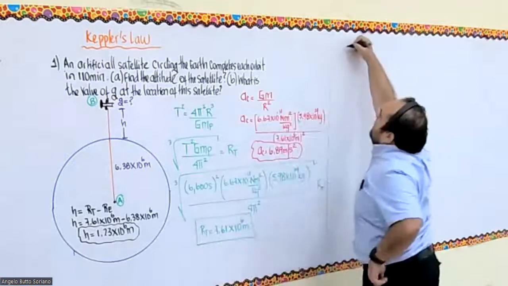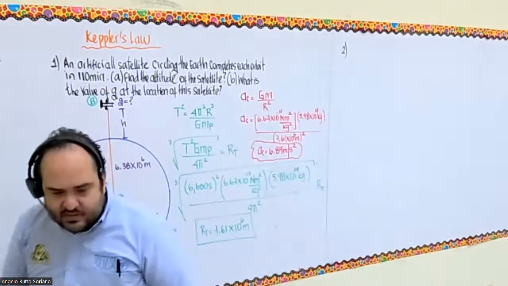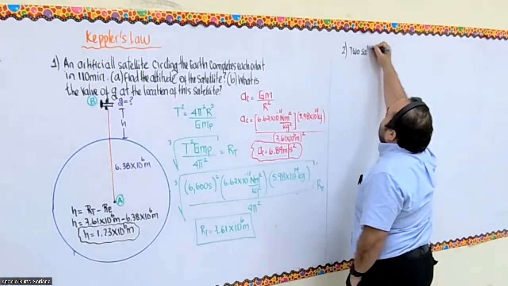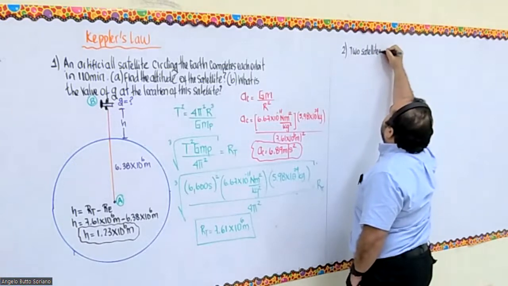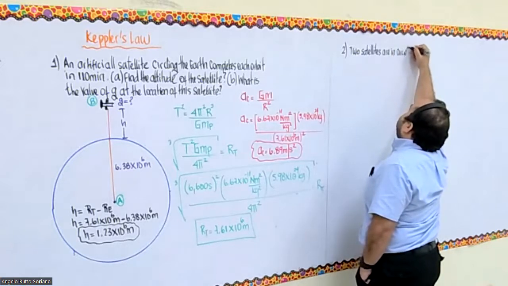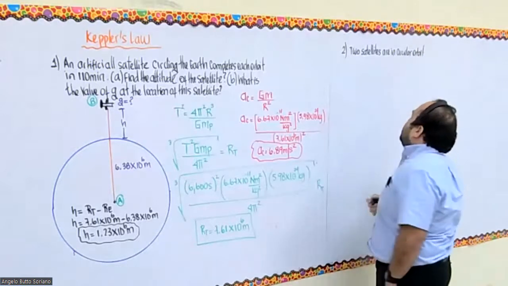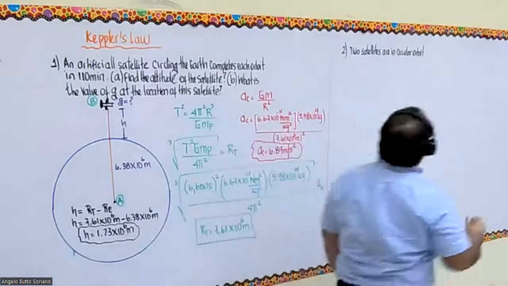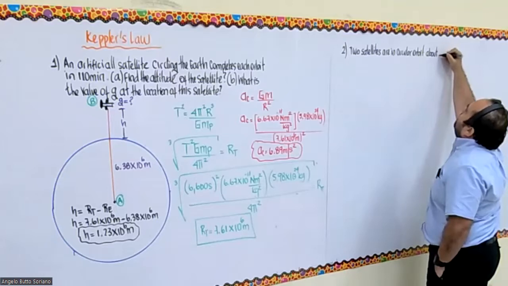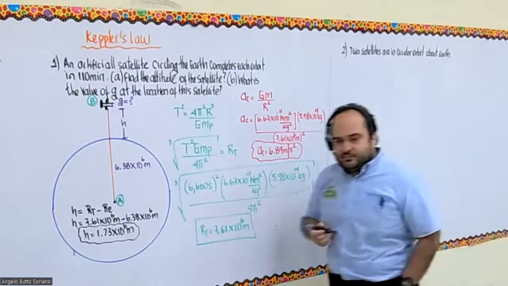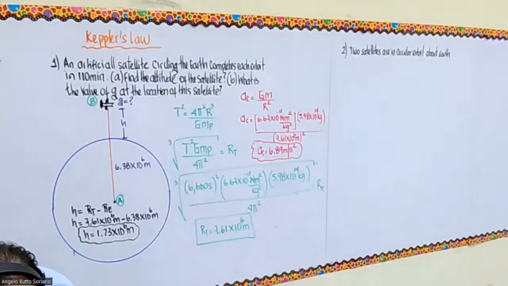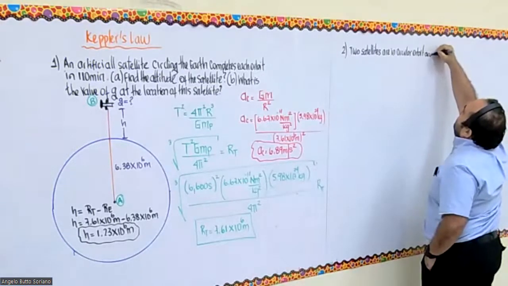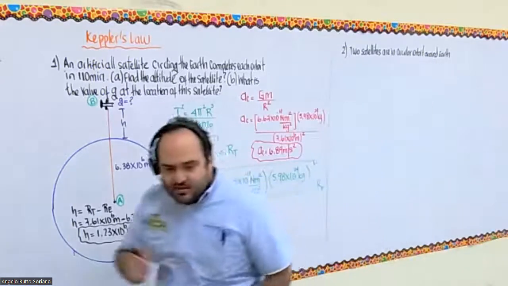Meanwhile, example number 2. Example number 2 says: two satellites are in circular orbit around Earth.